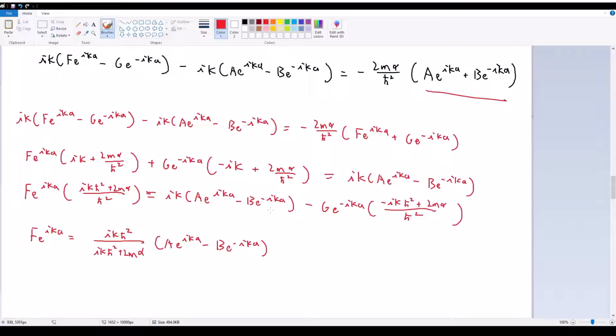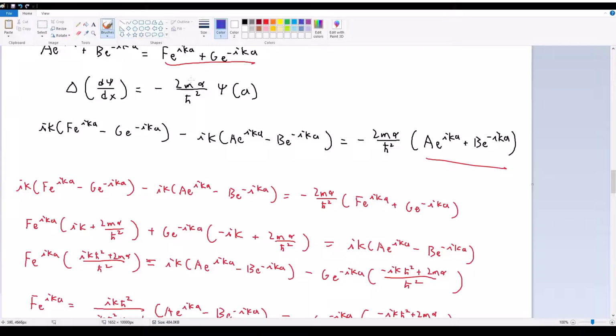And then we are subtracting by g times e to the negative ika, and then the two h bars cancel out. We get negative ik h bar squared plus 2m alpha divided by positive ik h bar squared plus 2m alpha. And then now I take this f e to the ika and I substitute it back into the top expression. I'm going to write this in blue.